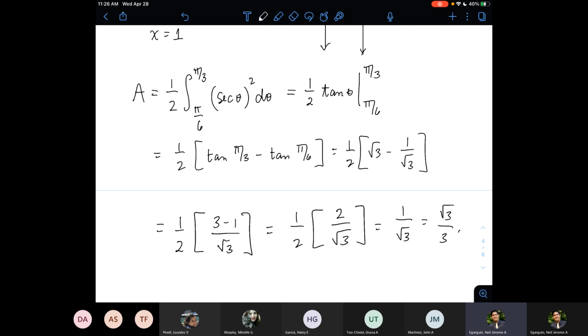I forgot that the instruction is just to set up the integral that will give us the area, but I tried to show off a little bit here and computed the integral. So this would be root 3 over 3. All right. Any questions with that? Is that fine? Okay. All right, let's try another one.